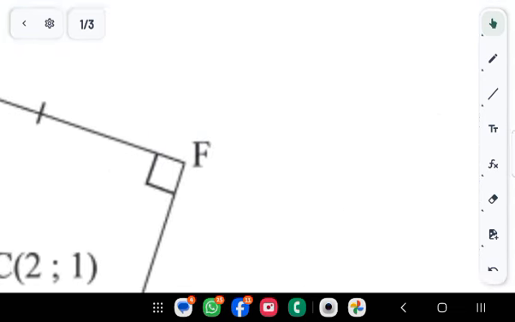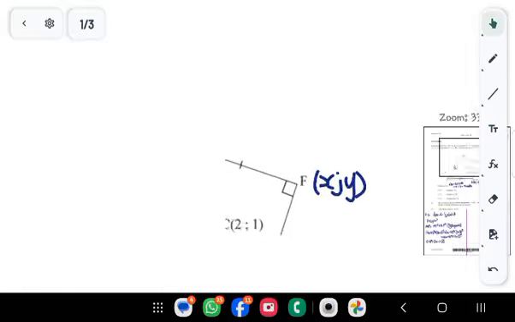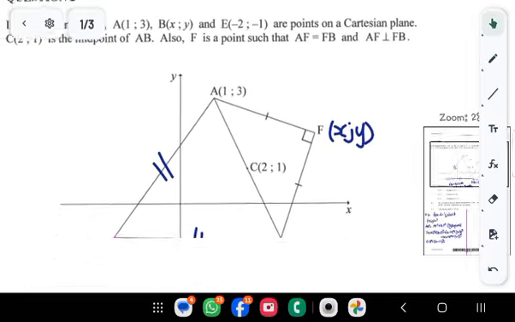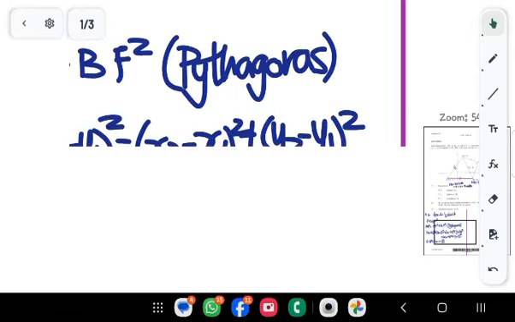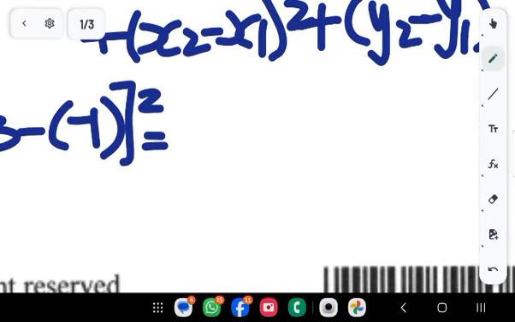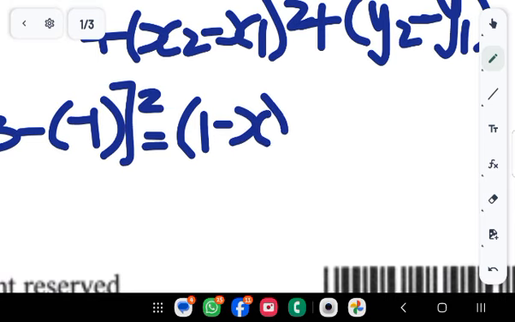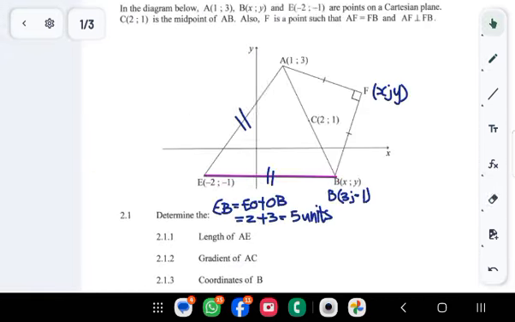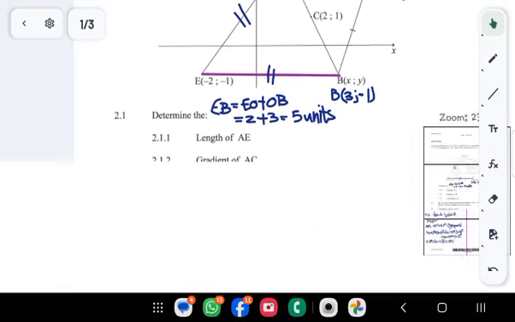Let the coordinates of F be x, y. So that will be 1 minus x all squared plus 3 minus y all squared.